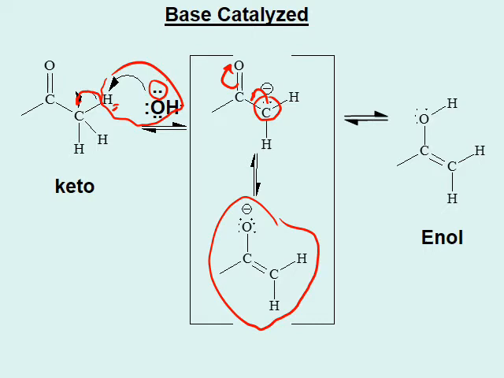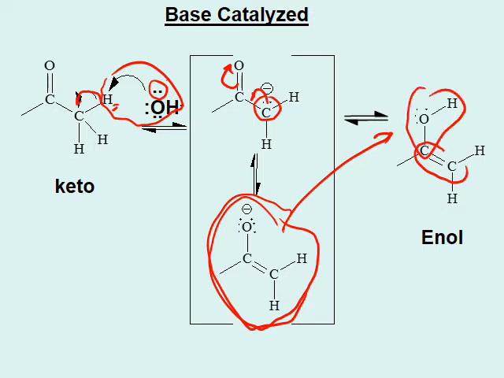This movement of electron pair stabilizes this intermediate, and once you have this bottom structure, it takes up one H plus and gives you enol, because this is an alkene group, this is an alcohol group, and that's why it's called enol.